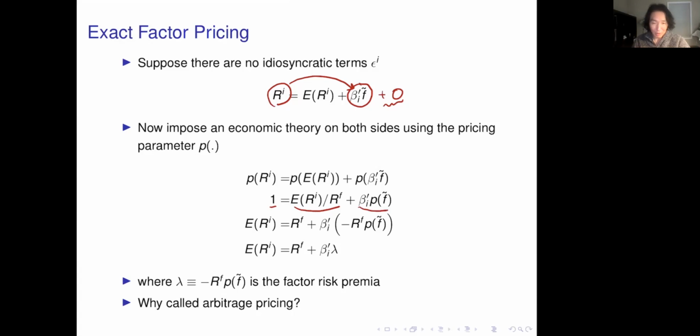And then you rearrange the thing and then you get the expected return as a linear expression of the betas. Okay? Now lambda is the factor risk premium. Now can you see why this is called arbitrage pricing? Because the pricing is done with respect to the factors. So this is a relative pricing, not an equilibrium or absolute pricing.